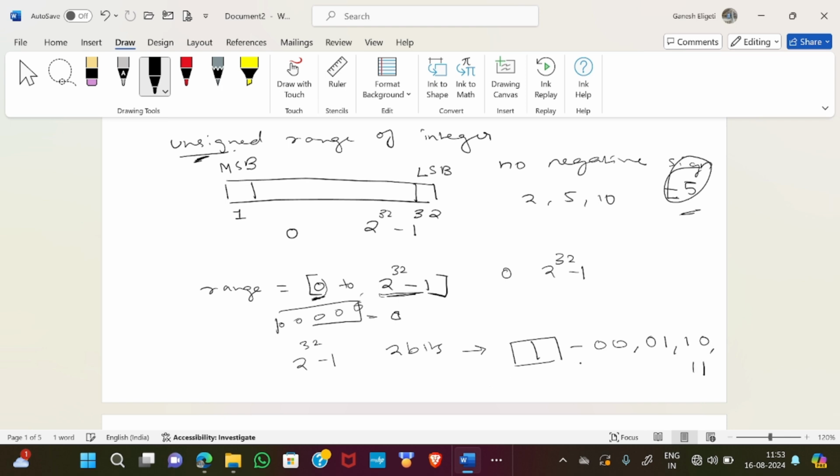So the number of numbers we can represent is 2 power 2, which is 4. But the maximum number is 1 and 1, which is 2 plus 1, that is 3. So this is the maximum number these two digits can represent. In the same way, the maximum number 32 bits can represent will be 2 power 32 minus 1.